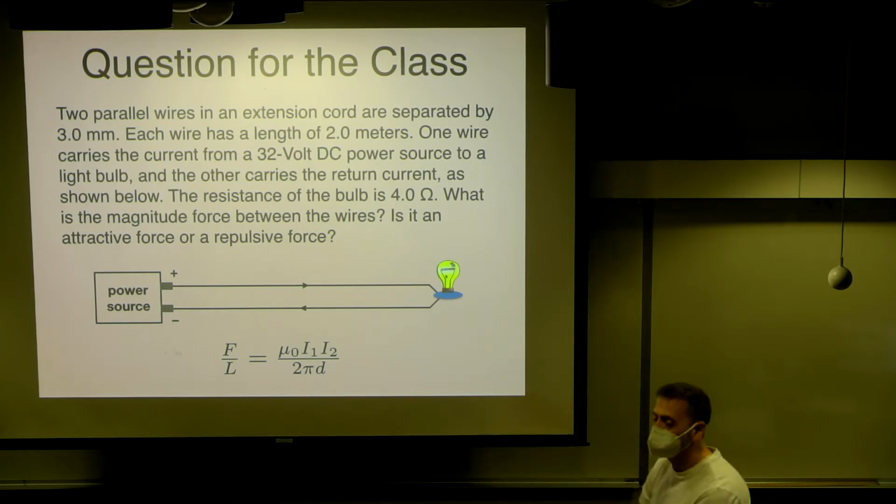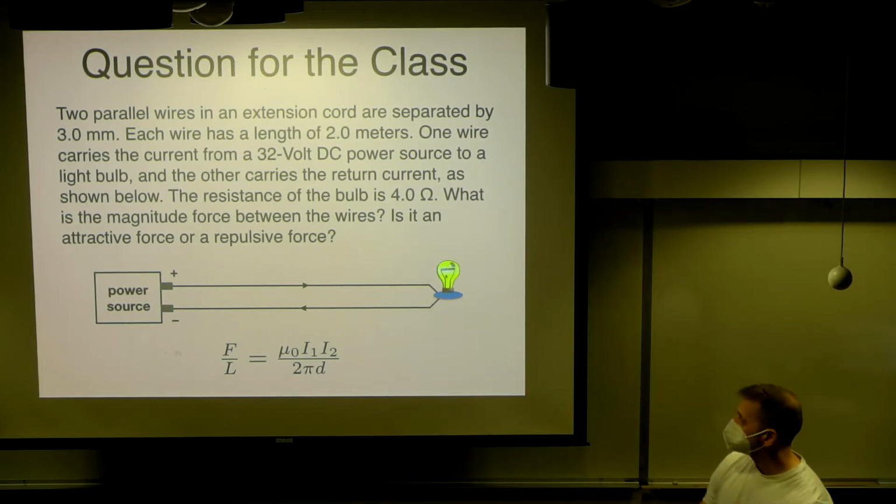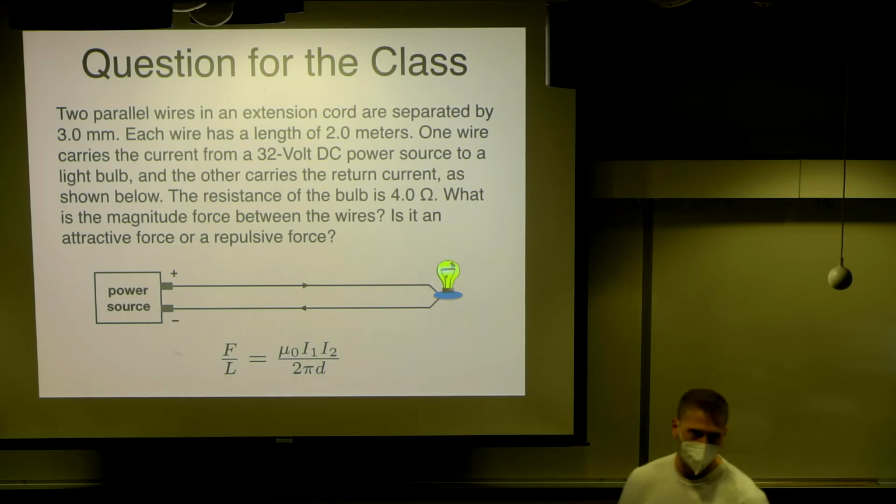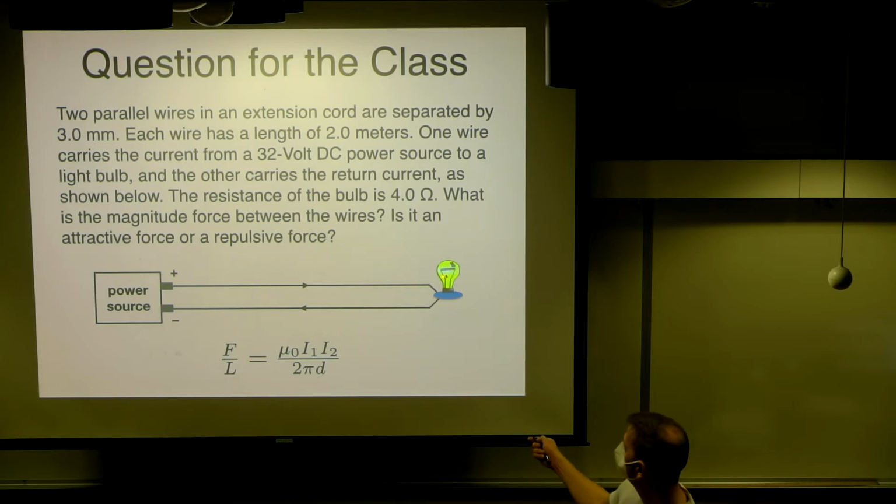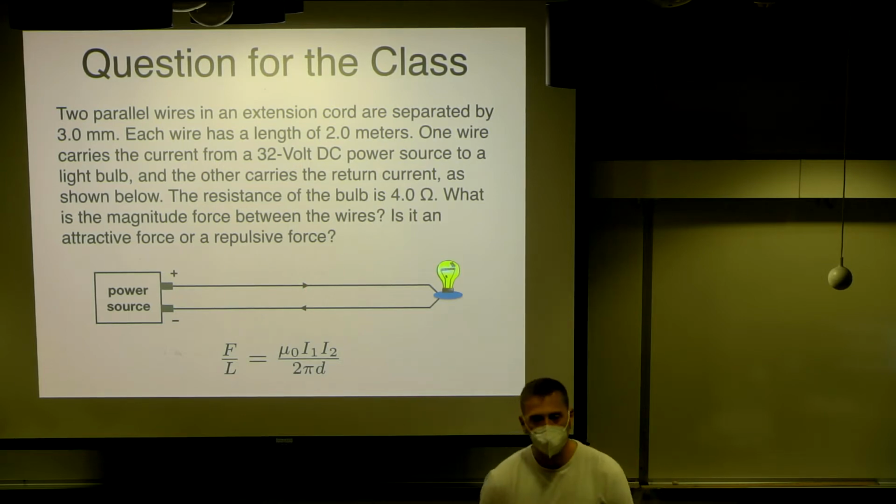Let's say the power source is 32 volts. You can imagine this is a battery, if you like, it doesn't really matter, some kind of DC power source. Okay, let's say the resistance of the bulb is 4 ohms, and the resistance in the wires is pretty much negligible, okay? My question for you is, what is the magnitude of the force between these two wires?